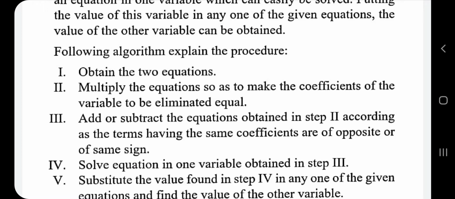Second, multiply the equations so as to make the coefficients of the variable to be eliminated equal.